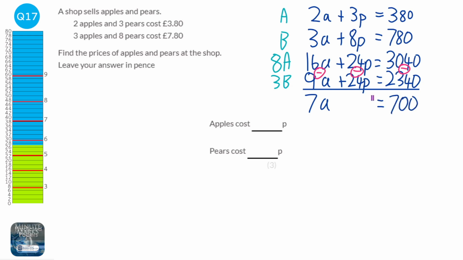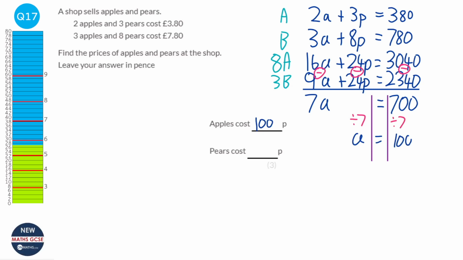Then I can put my lines in, and all I need to do now is divide both sides by 7, and I get a equals 100. So we know that apples cost 100 pence, or £1. We need to work out what pears cost, so I just need to pick one of the equations. I'm going to pick this top one here and write it out.